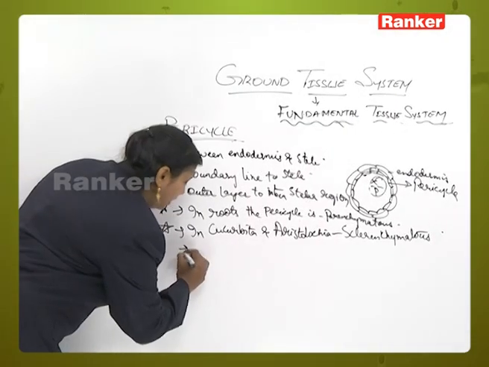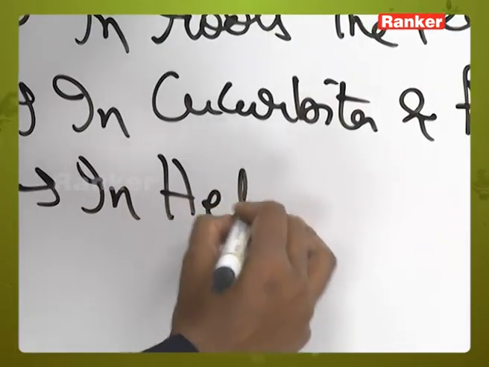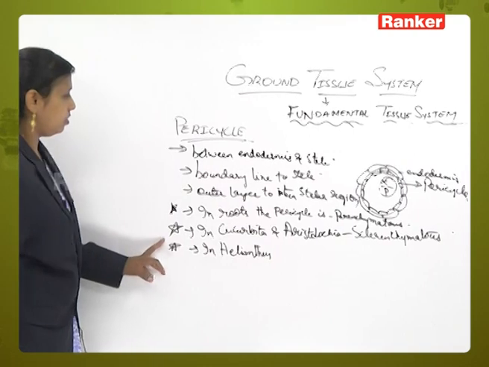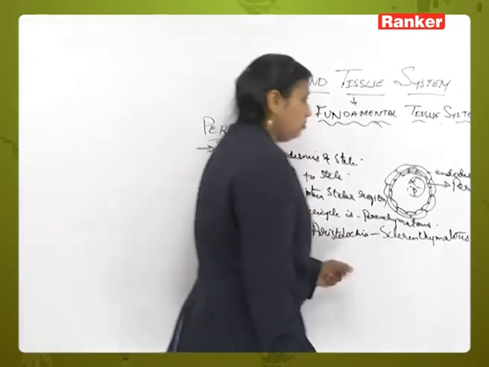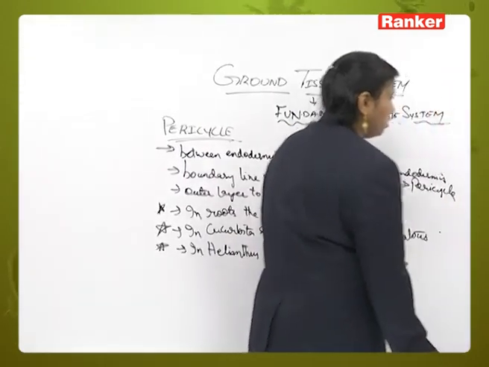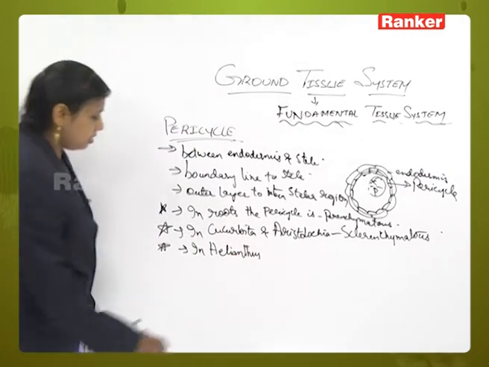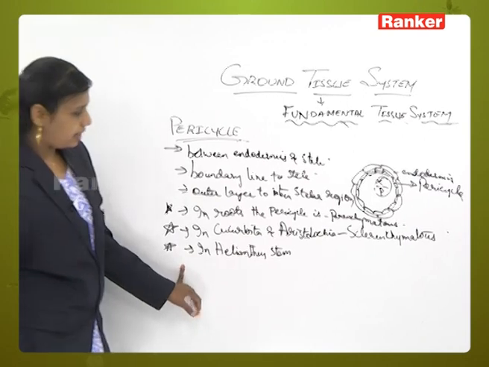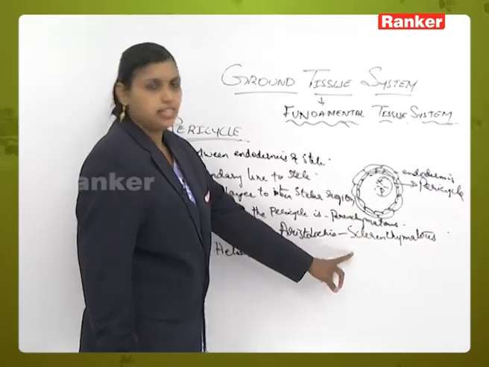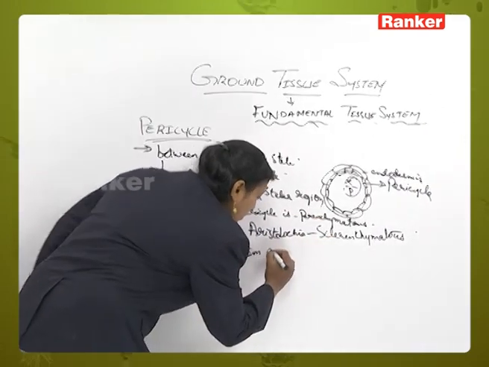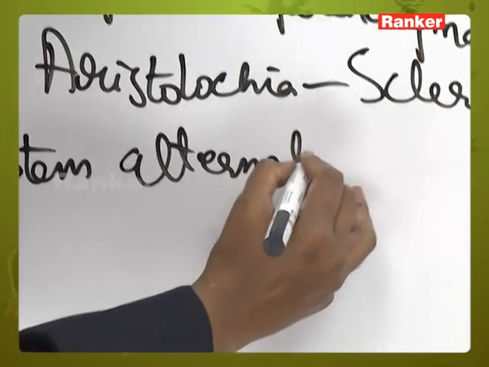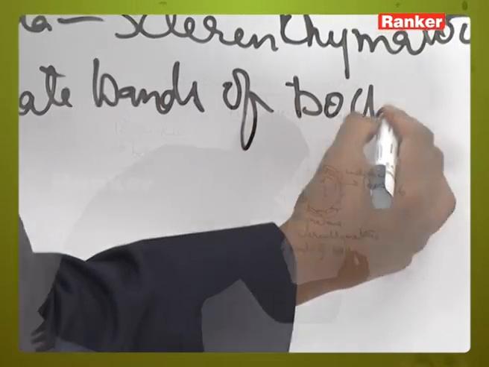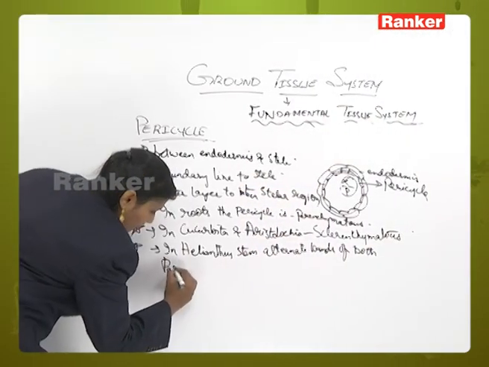And in the case of Helianthus, sunflower, in the Helianthus stem, you will see alternate bands of both parenchymatous and sclerenchymatous tissue.